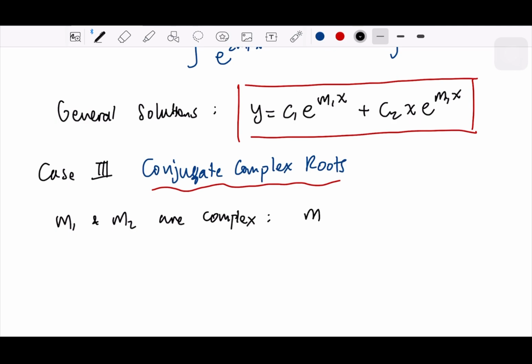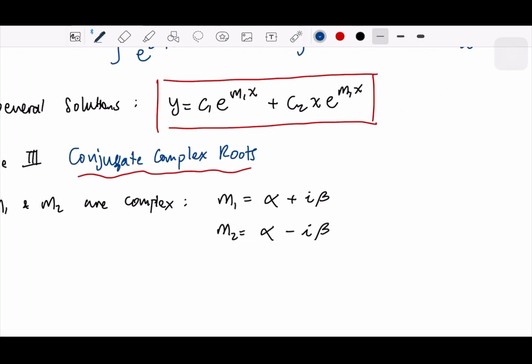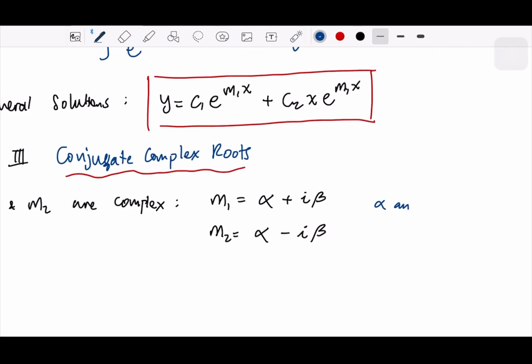So we can write m1 as alpha plus imaginary number beta, and m2 is alpha minus imaginary number beta, with alpha and beta real coefficients. So alpha and beta are greater than 0 and real, and the imaginary number squared is equal to -1.